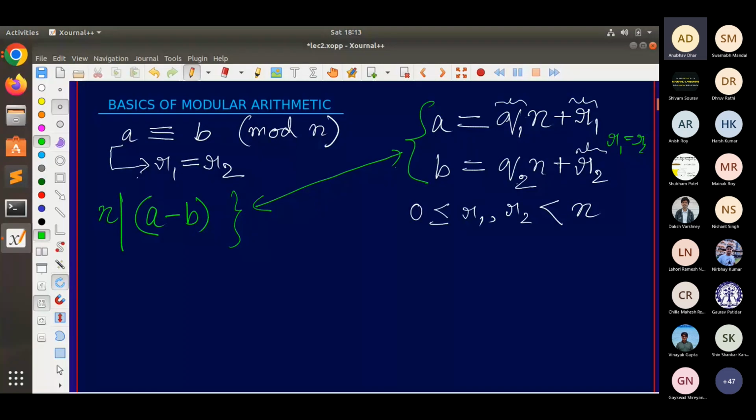So any doubts in the definition? Is it clear? Okay, I think there are no doubts. So I'll give some examples. Let's do some examples.